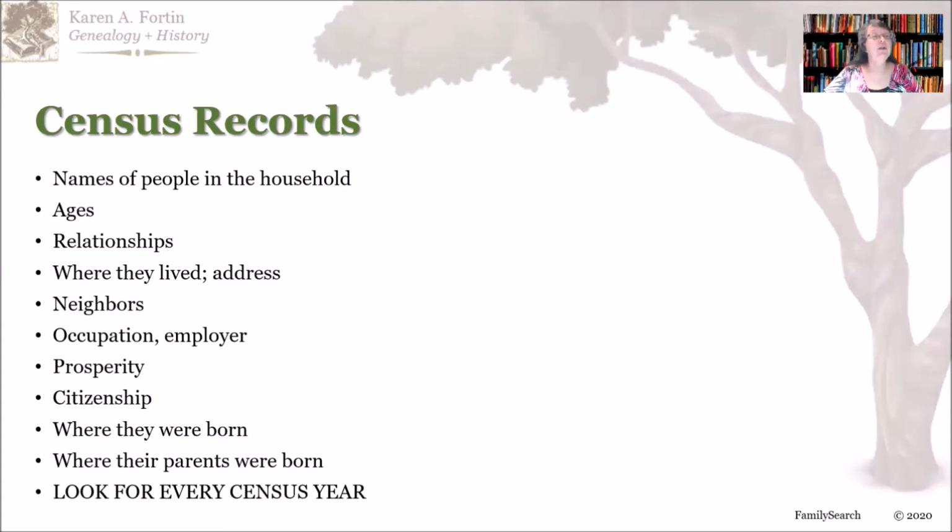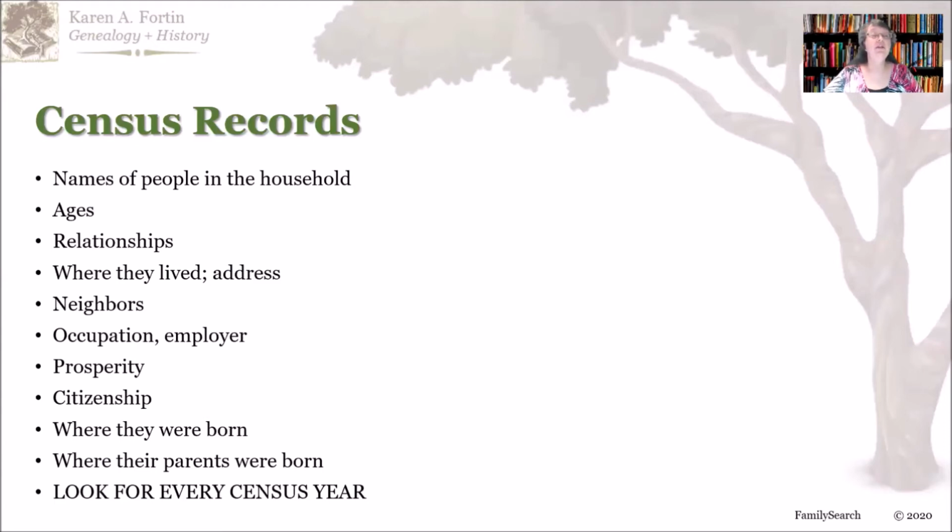A census record may help you to find out how prosperous the family was. This can be seen with questions such as, did they rent or did they own property? How much the property was worth, or even how much money they made in wages in the previous 12 months.